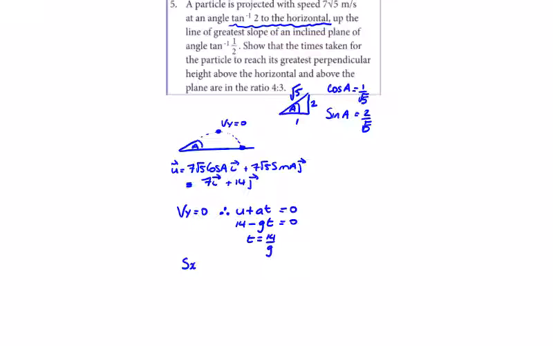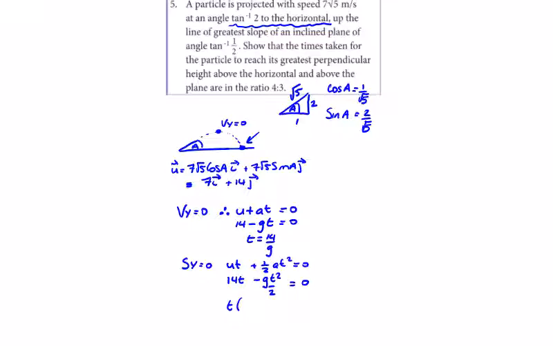S of y is equal to 0 at this point here. ut plus a half at squared is equal to 0. So 14t minus gt squared over 2 equals 0.